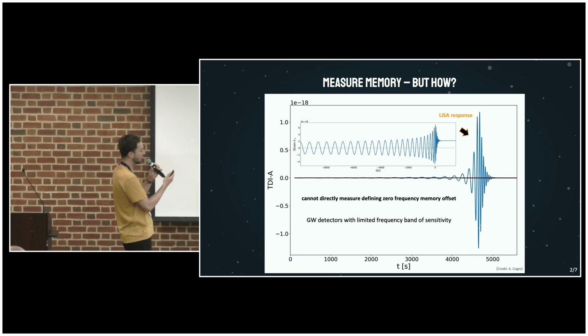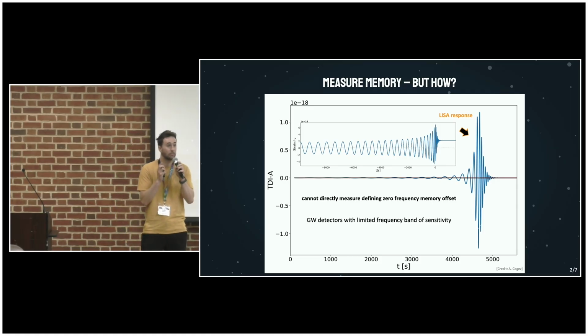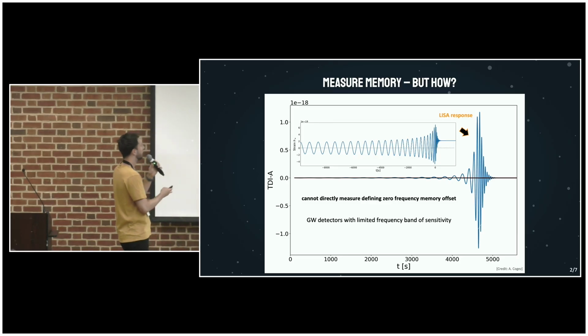The problem of LISA and actually any gravitational wave detector is that the sensitivity is limited to a certain frequency band.